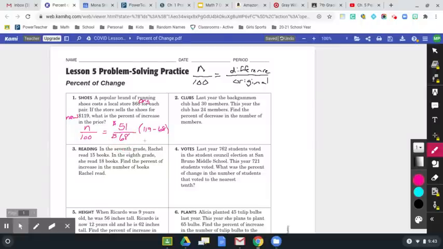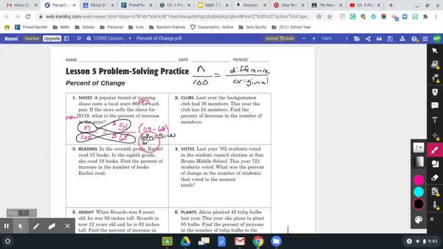Now we have it set up where we can go through and solve. So I'm going to cross multiply here. I'm going to do 68 times n. 68n equals 100 times 51, which is 5,100.